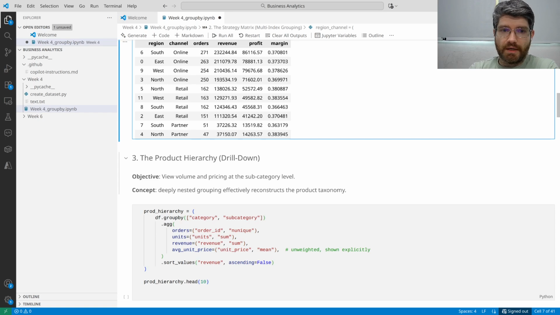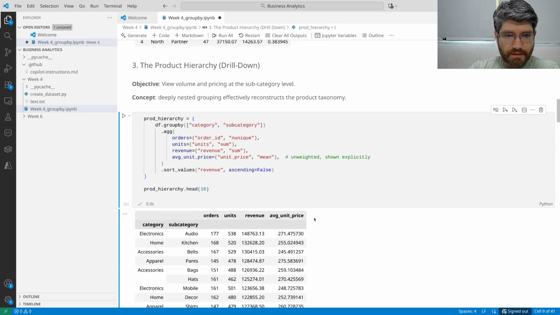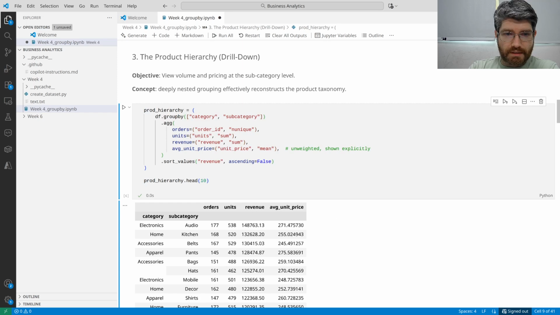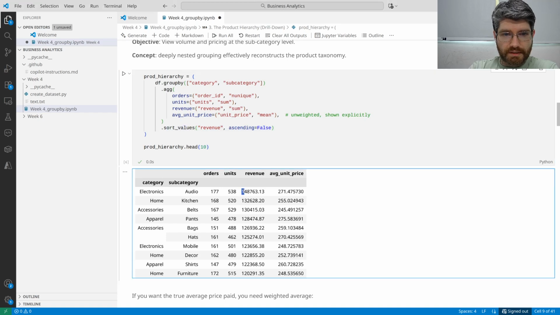It is slow. We are going to use vector mathematics, aggregating over orders, units, and revenue, and then sorting the values. Here's our product hierarchy where different categories and subcategories are presented, along with the revenue, the average unit price, and the rest. These are sorted by revenue, so we can see the top revenue in electronics and the lowest in home furniture, as expected.